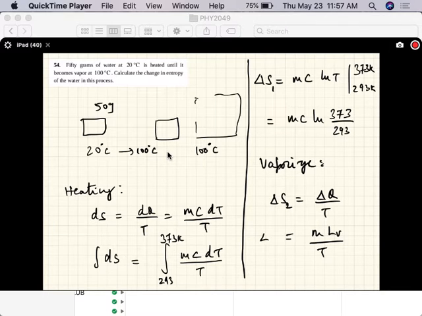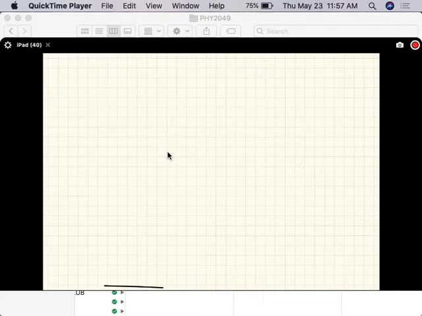So that's delta S2. So the total change in entropy is delta S1 plus delta S2. This is the change in entropy while we're heating the water. This is the change in entropy while you were vaporizing the water.